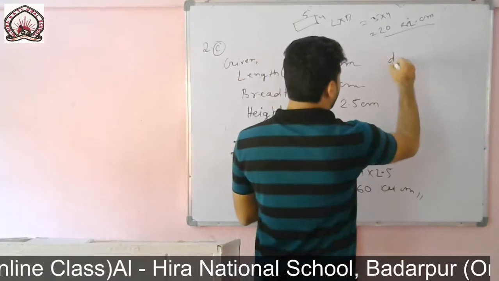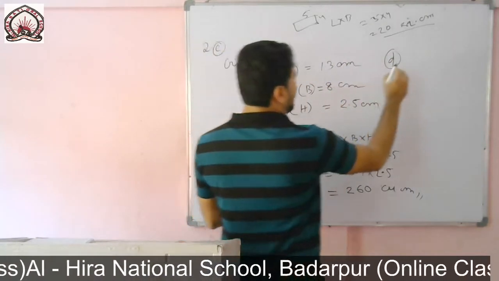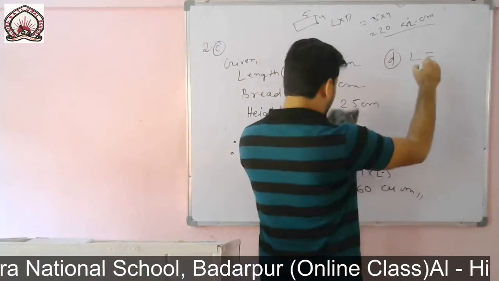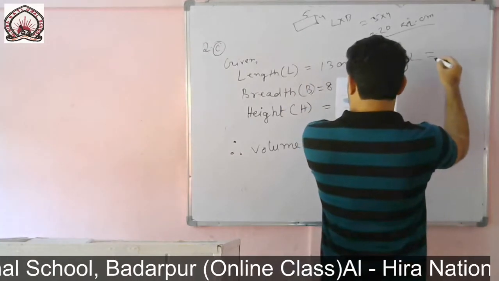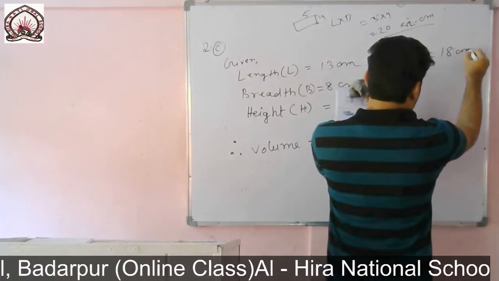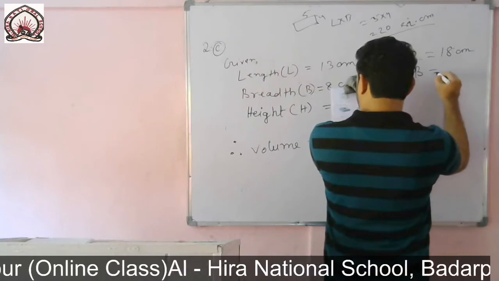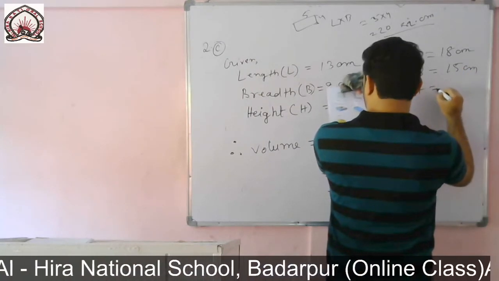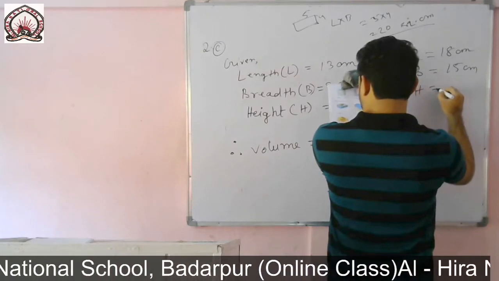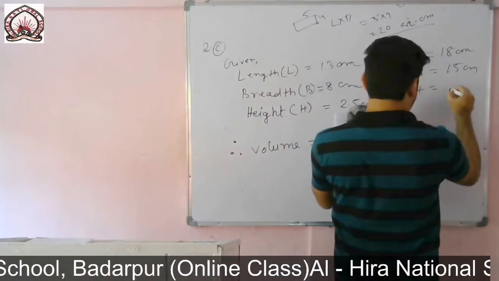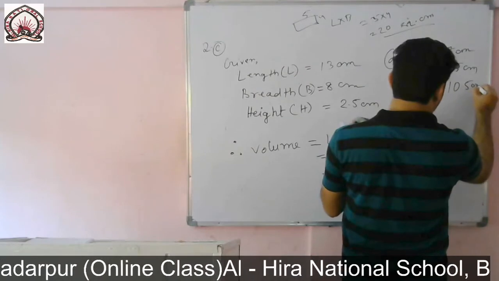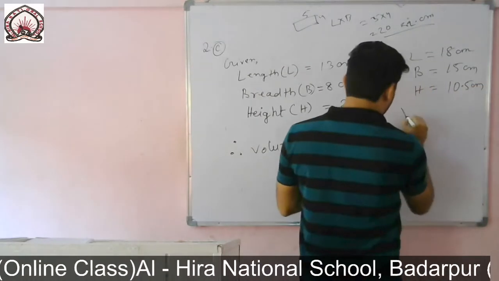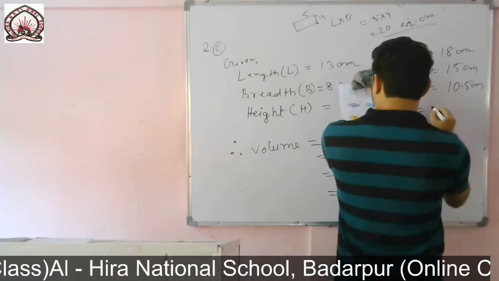In place of length I am writing L, you write length fully. Length is given 18 centimeter, breadth 15 centimeter, and height 10.5 centimeter.